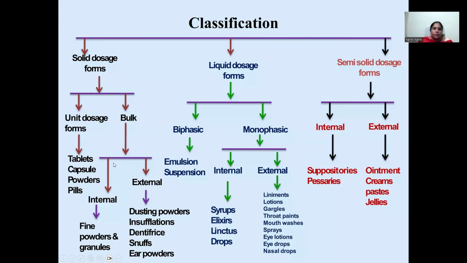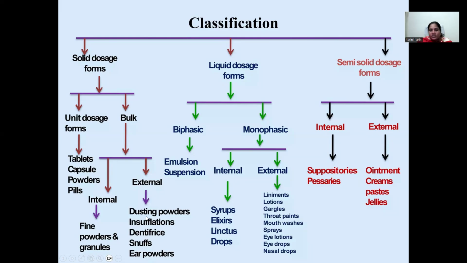These powders can be used as internal powders as well as external powders. Internal powders are taken orally. The powders under internal powders will be fine powders and granules. And the powders which are taken externally will be dusting powders, insufflations, dentifrices, snuffs, and ear powders.